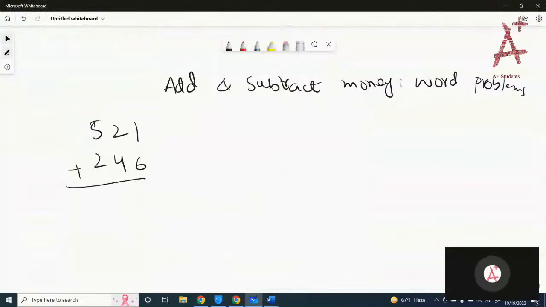So 6 plus 1 is 7. 4 plus 2 is 6, and 5 plus 2 is 7. Got it? So the correct option is 767. Got it?